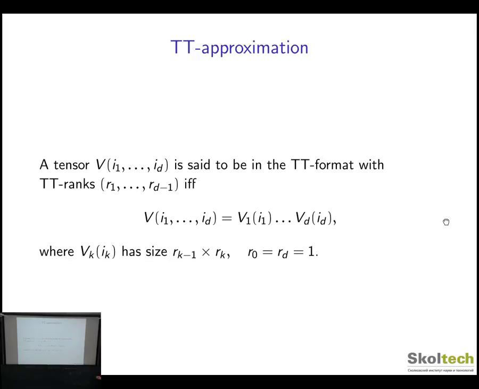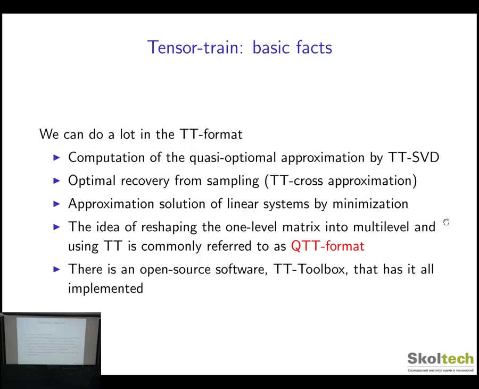Yeah, so that's the format, and it has a lot of nice properties. For example, given a tensor, you can compute these ranks, and you can compute a quasi-optimal approximation by running a sequence of singular value decompositions. So the code is actually very simple. If you look at the details of the algorithm, well, 50 lines of MATLAB or Python code, no more. It's very simple.